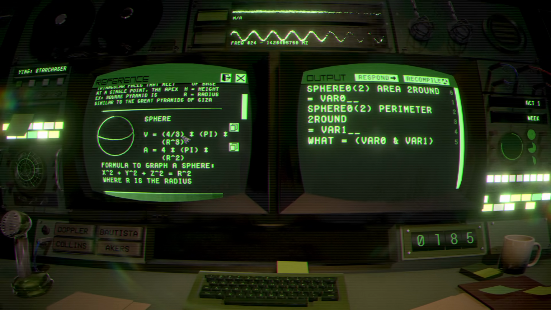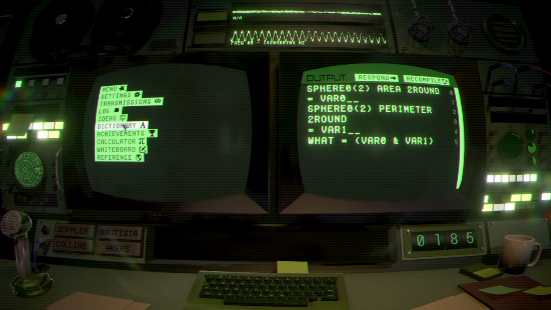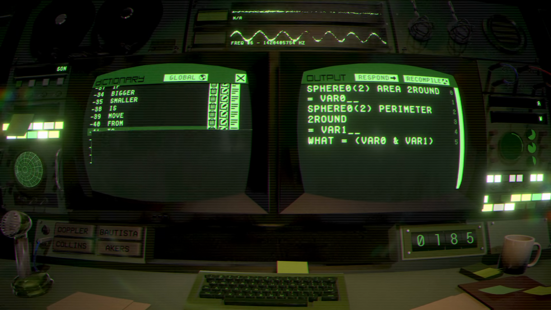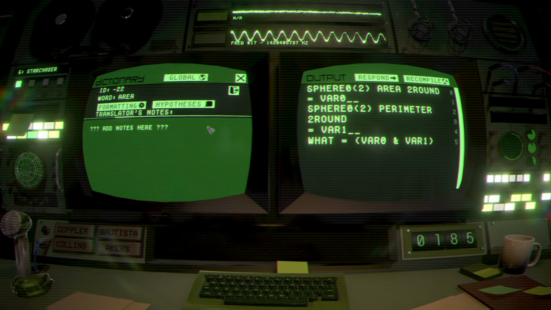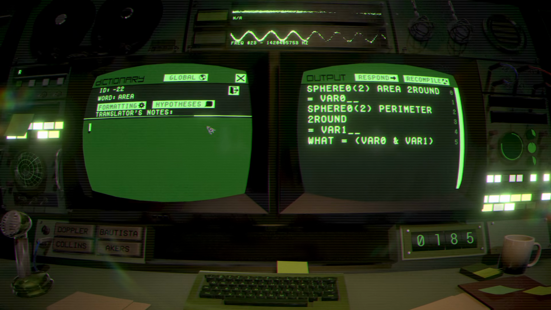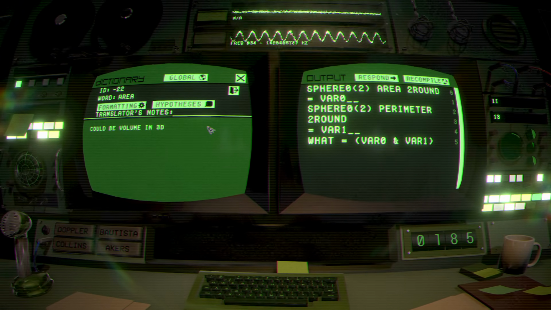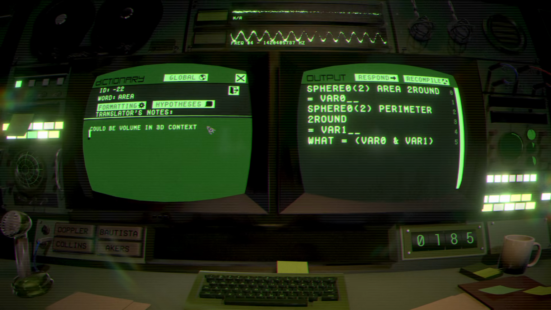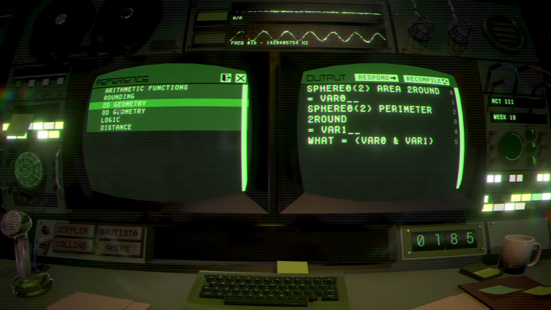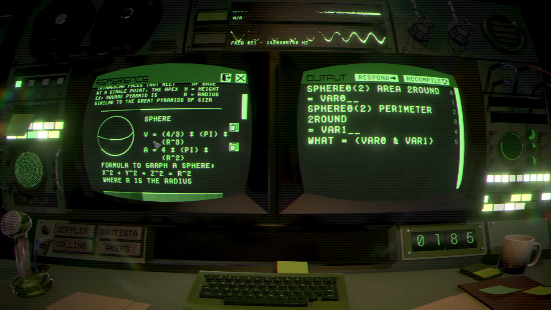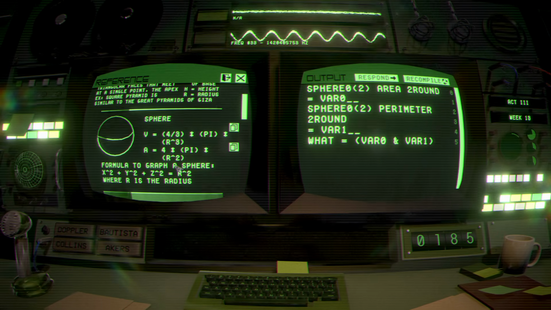So in this case, first off, go back to our dictionary, because I'm feeling the same is going to hold true for area. So area could be volume in a 3D context. I bet that's what they're asking for here. So 3D geometry, and we can do this because we have the radius.